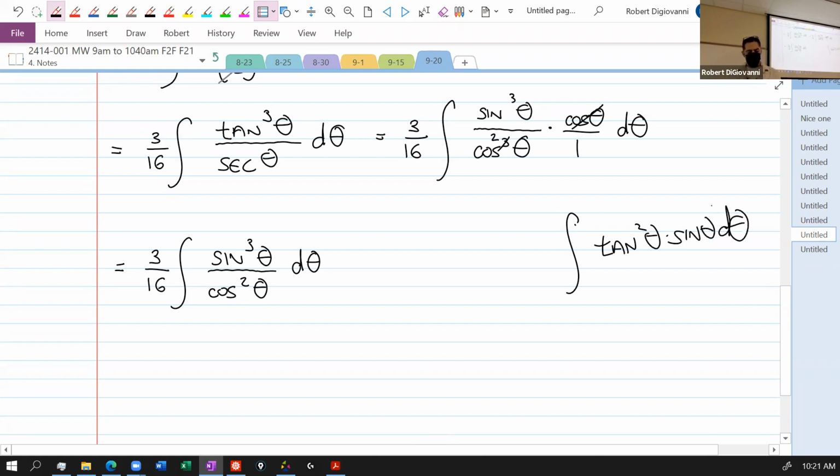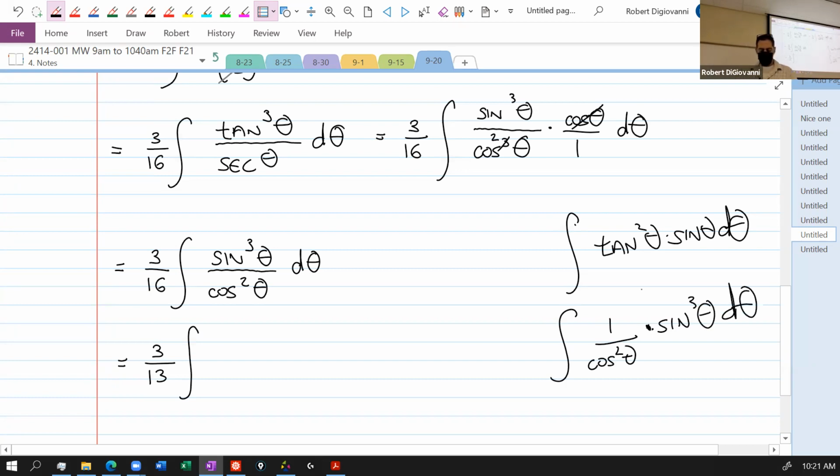The only issue I have with that is I don't see an easy u du substitution. Could it be 1 over cosine times sine cubed? What about, we have two cosines though. Yes, you could do 1 over cosine squared times sine cubed, but you cannot do those individually, because we still have multiplication between them. So you can't look at those as two different problems.